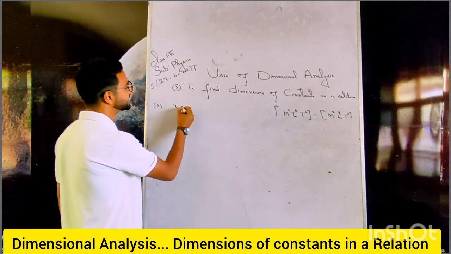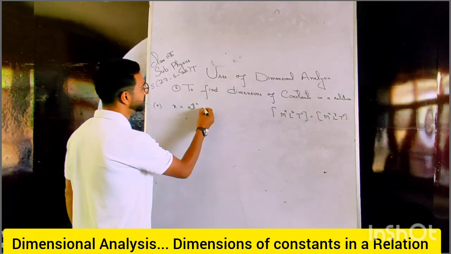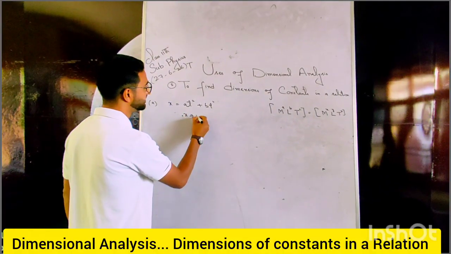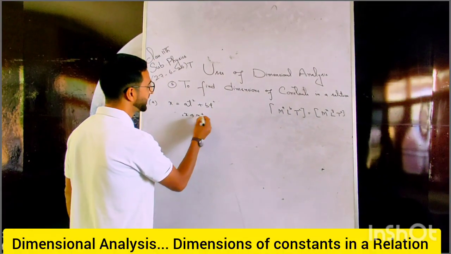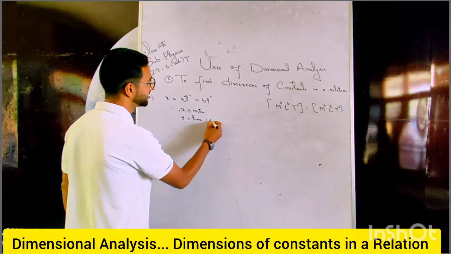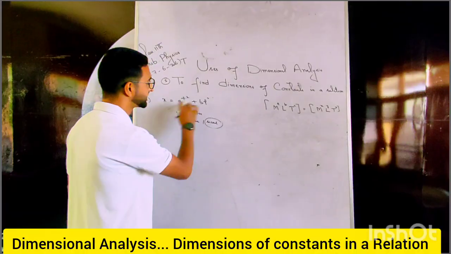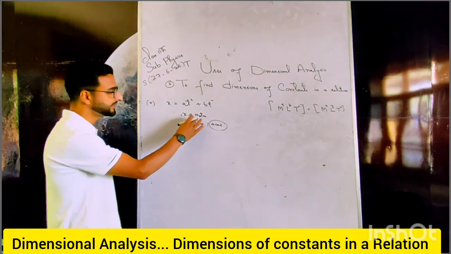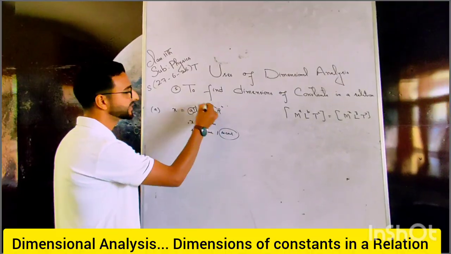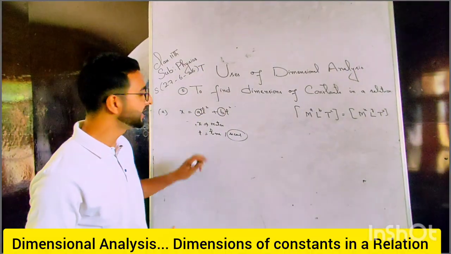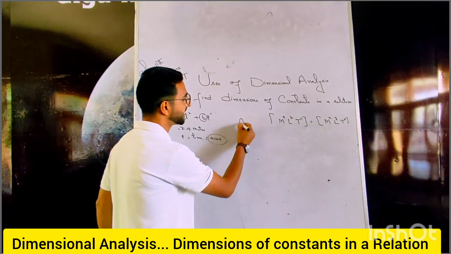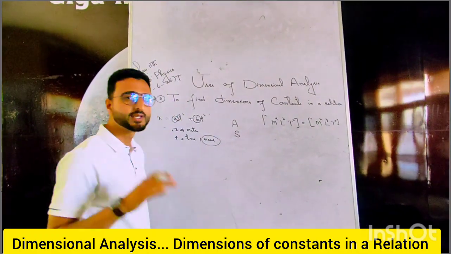तो suppose x is equal to at square plus bt cube, where x is distance, it is measured in meters, and t is time period which is measured in seconds. हमारे पास एक relation है, x is in meters, t is in seconds, and we are supposed to find the dimensions of a and b. बात समझ आ रही है ना? तो as I said earlier, only the quantities of same nature can be added as well as subtracted.